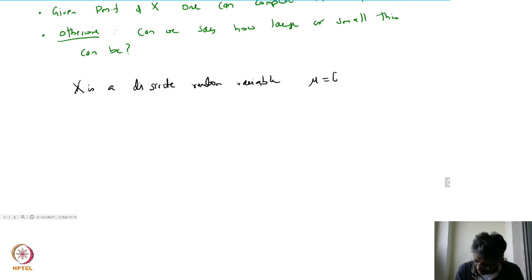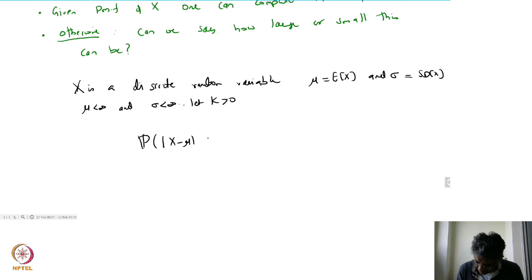Mu is equal to E of X, and sigma is equal to standard deviation of X. Right? So assume mu is finite and sigma is finite. Okay, let's assume that. Let K be positive, and I'm trying to estimate the chance that X minus mu is at least K times sigma.